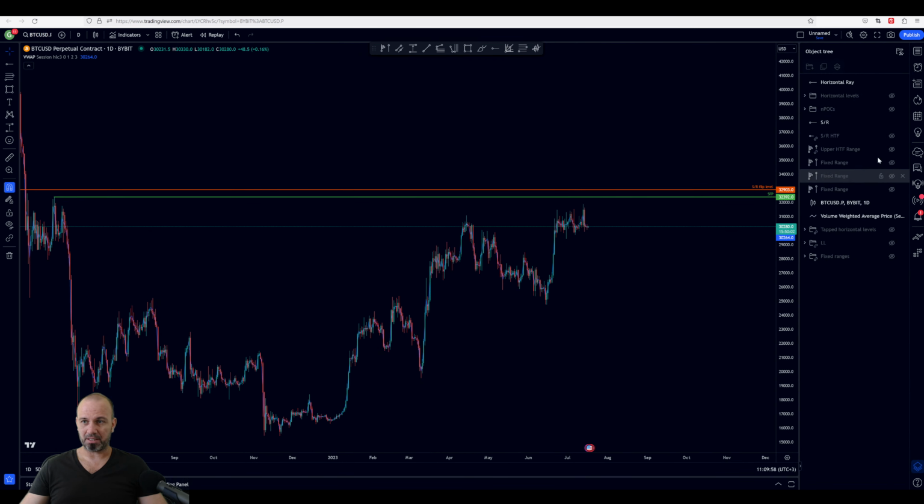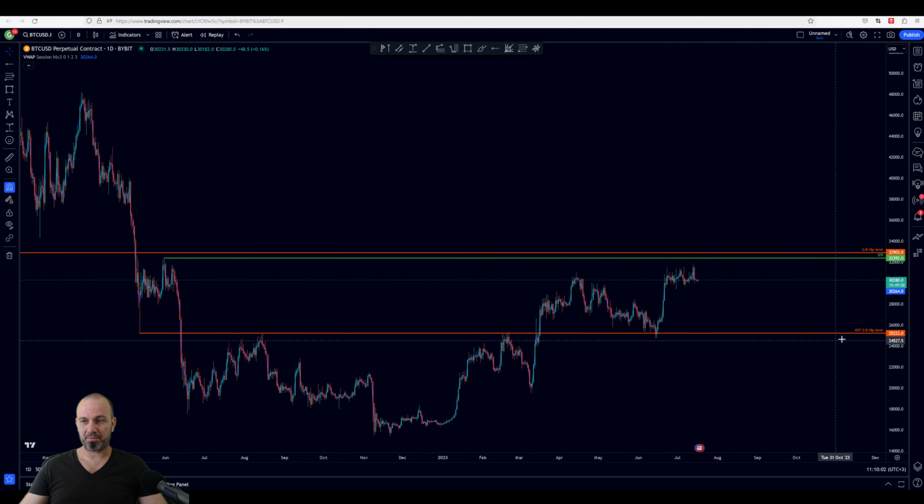Now, to the downside, we do still have this high time frame, what I call a high time frame SNR flip level. It was printed here. It was resistance, then it was claimed, back tested once again, giving the possibility of this rise, right? So this is for the moment high time frame. Those are the levels that we need to pay attention to.